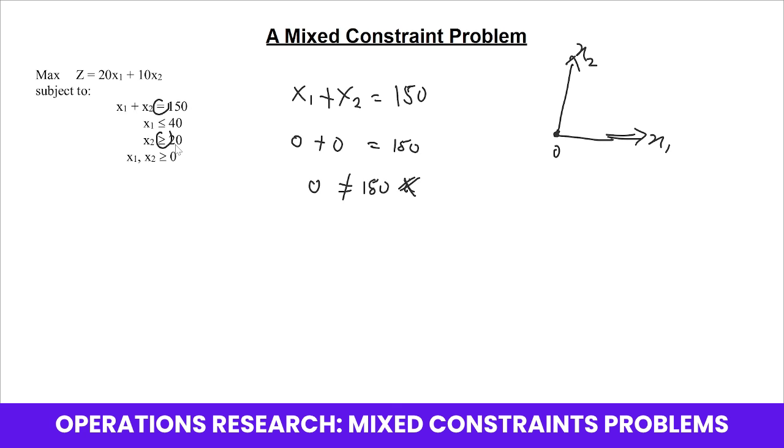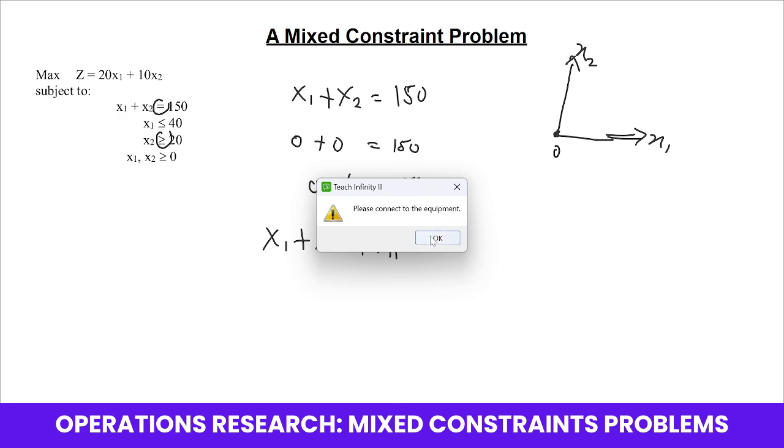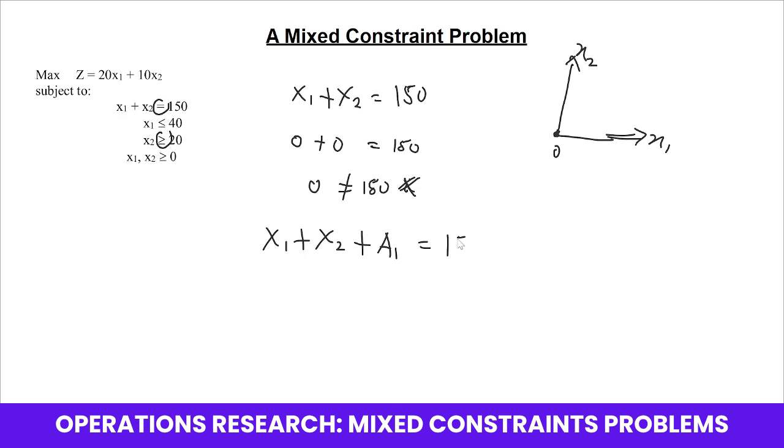So let's see. When we have x1 plus x2, we add the artificial variable a1. Now the coefficient of a1 is 1. So even at the origin where x1 and x2 are equal to 0, we still have a1 equal to 150, which makes sense.